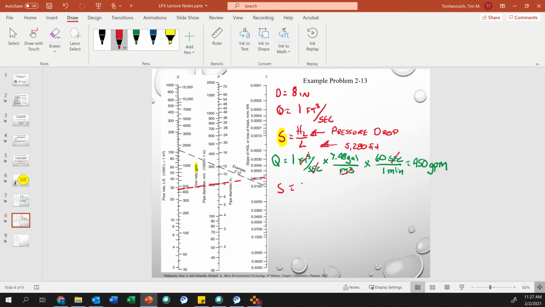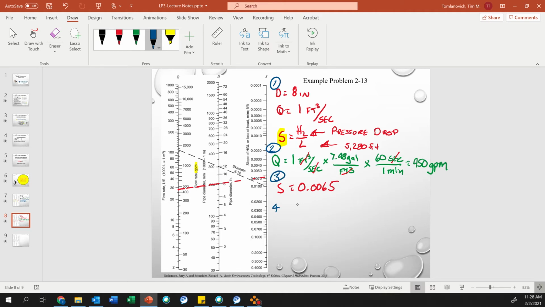I'm going to estimate somewhere in between, about halfway between 0.0060 and 0.0070. So this was step 1, step 2, step 3 from the nomograph.